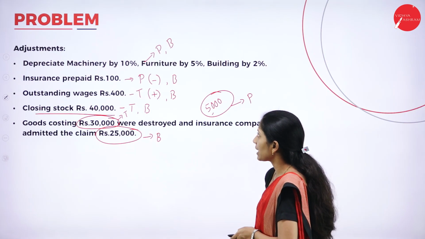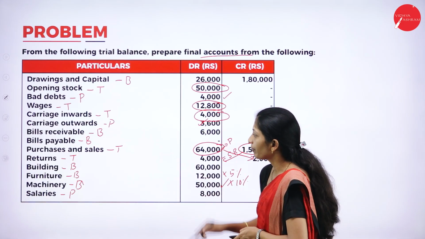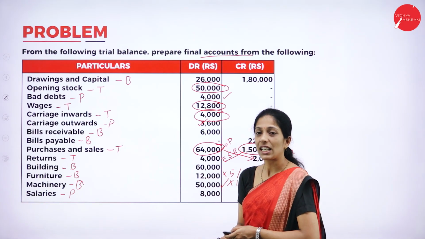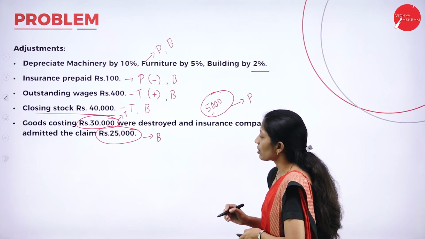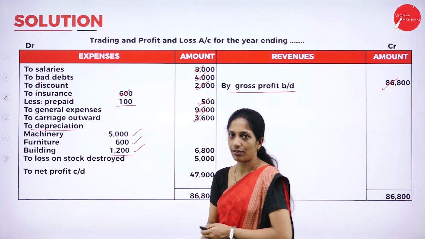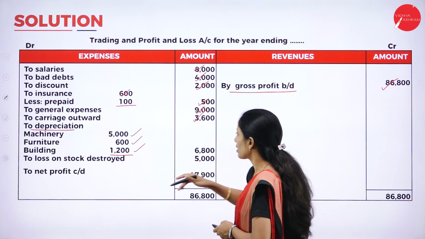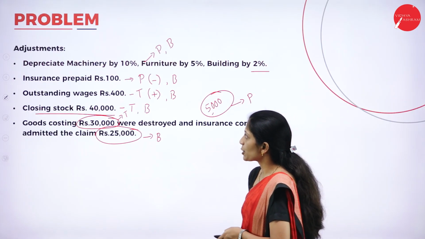Next, coming to the building. Building they have given 2%. What is the value of building? Building is 60,000 into 2%. So, this will be the depreciation. How much will we get? 60,000 into 2%, that is 1,200. So, we are done with adding everything. I'll get 6,800. Now, come to the next adjustment.